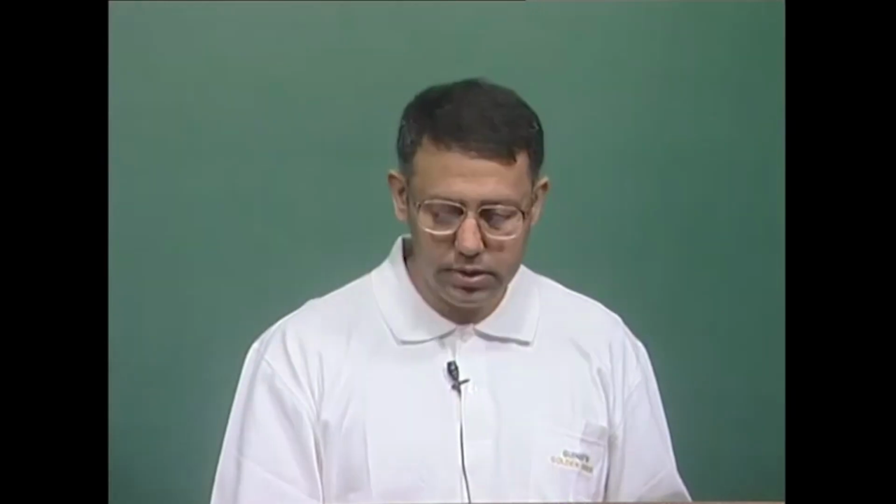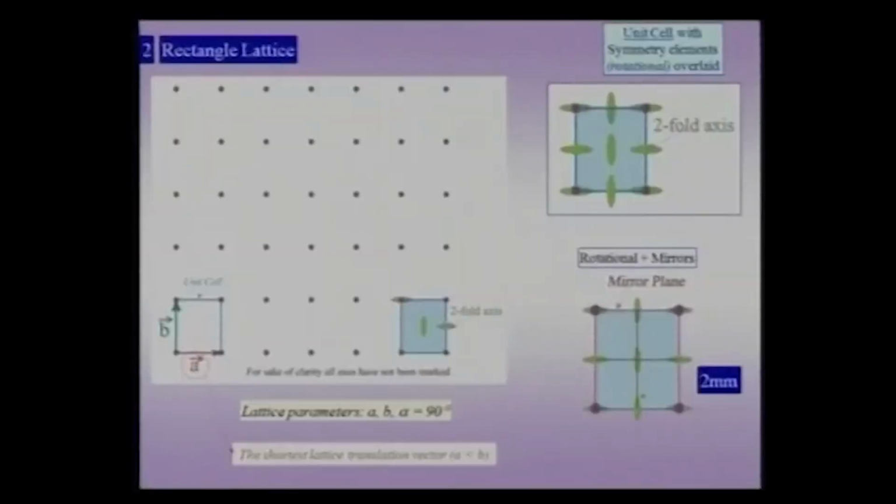As before, apart from these rotation operators, I can also consider mirrors, and that is shown in the figure below. You can clearly see that the edges of the unit cell are also mirrors, as shown by these red lines. There are two other mirrors, one vertical mirror and one horizontal mirror.